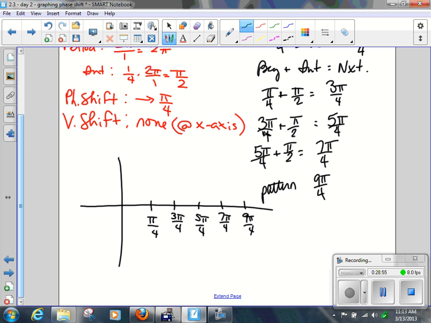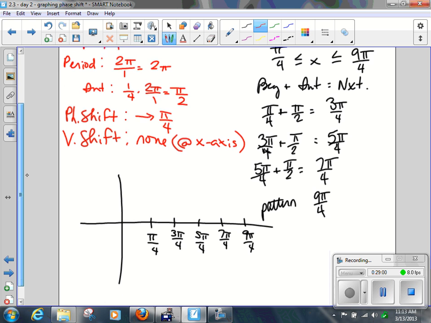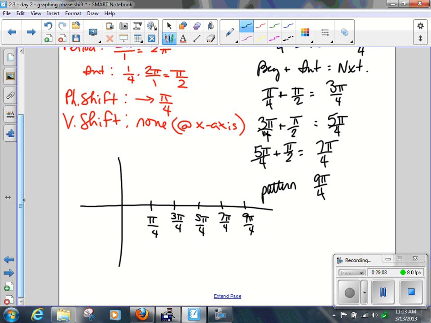And then this is the cosine curve again. What else do I have to do to my axes? Amplitude, which is 1 again. I also need to mark my oscillation line, which is the x-axis.